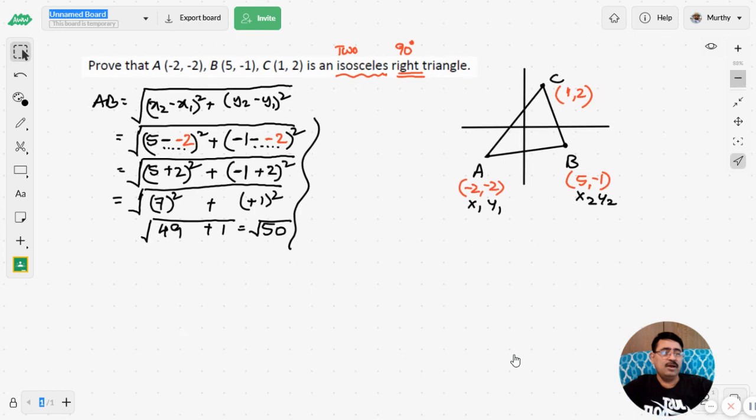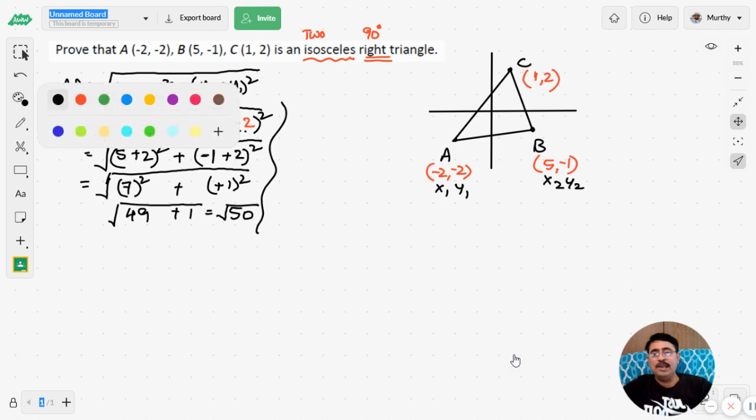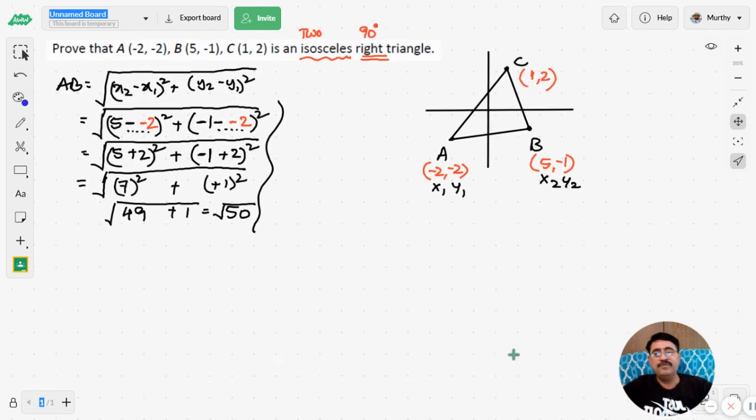Next, coming to the second one. Just now I found the value of AB as square root of 50. So this is going to be square root of 50. And BC. Let me take this as maybe x3, y3.